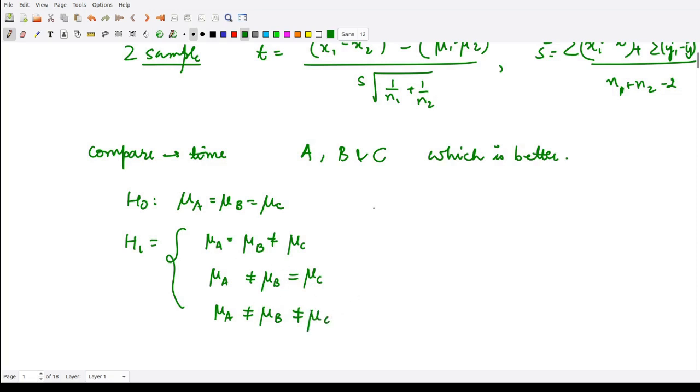So what you could do is apply the two sample t-test here. How many times? 3 times.